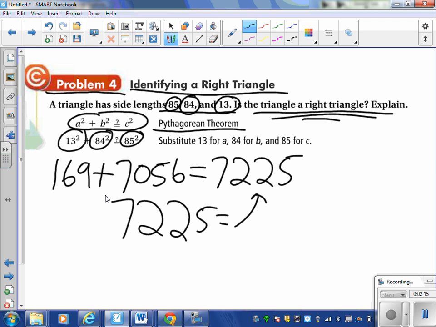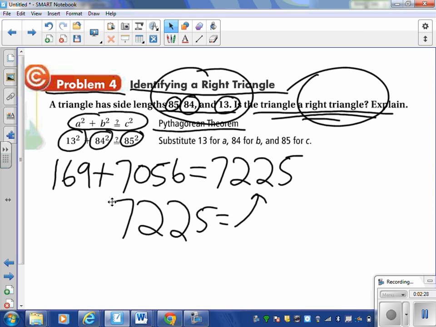So we could say, beyond a shadow of a doubt, that this triangle above is a right triangle. So that is how you identify if a triangle is a right triangle.